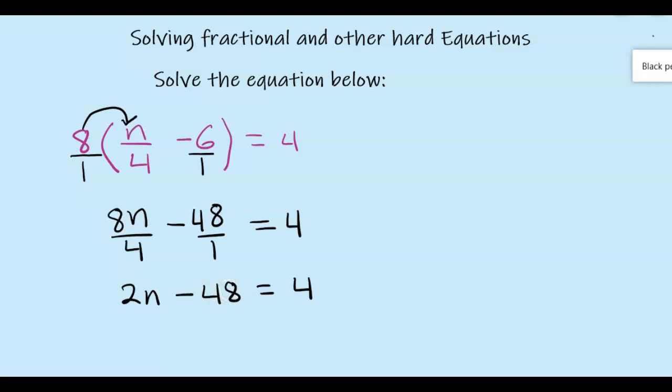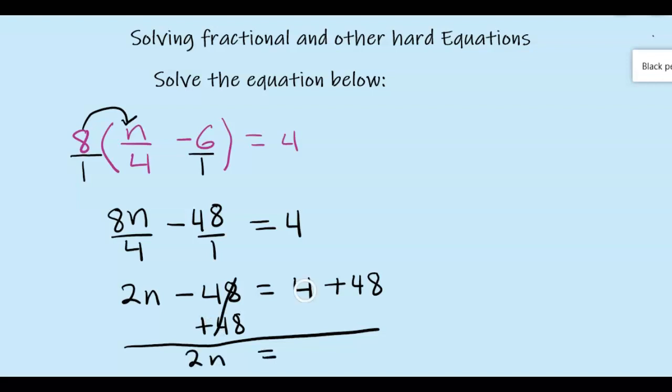We want to make here 0, so we will add, and we will add the same thing here. So this is no more, it is 0. We get 2n equals 4 plus 48 is 52.